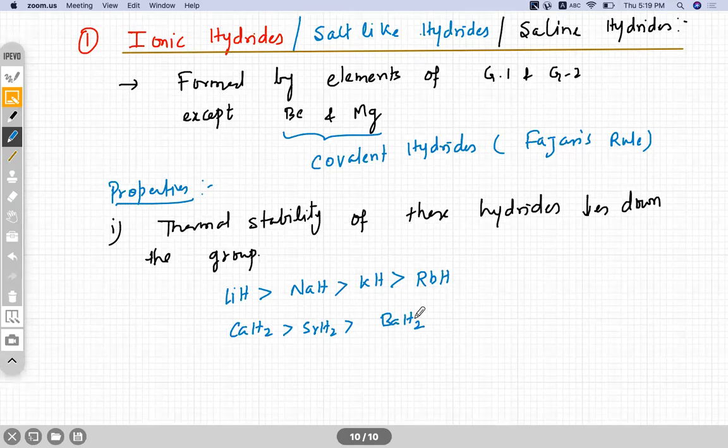Except lithium hydride, all other hydrides are decomposed into their parent metal on strong heating.